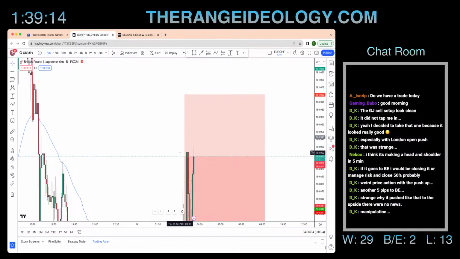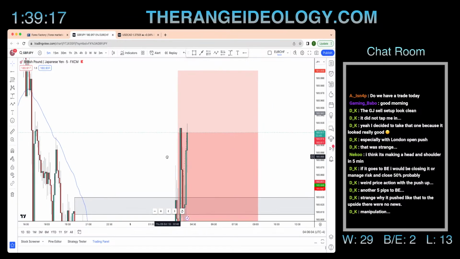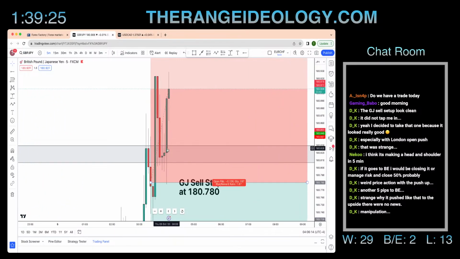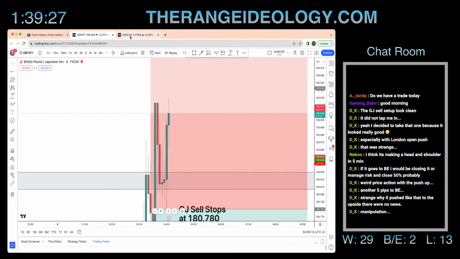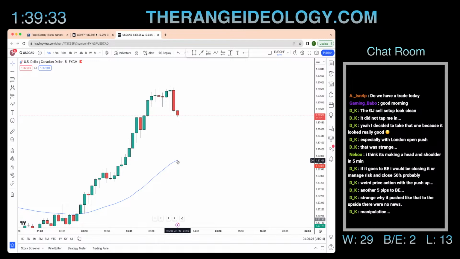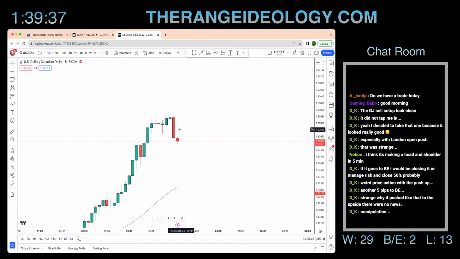So it just did fill the non-wick candles, but are we going to see a continuation of the bullish momentum, or are we going to see price settle back in this consolidation zone? We'll have to wait and see. And again, USD CAD may be hunting the 5-minute EMA here, or it may reverse here.